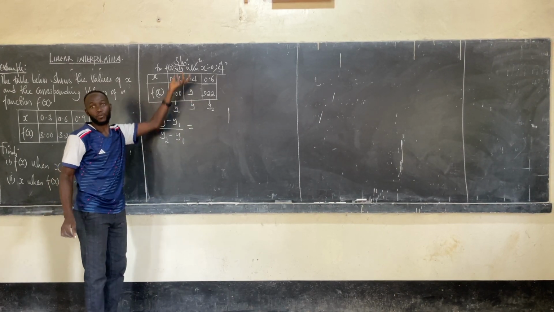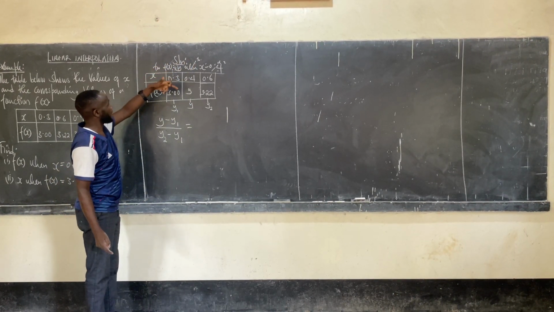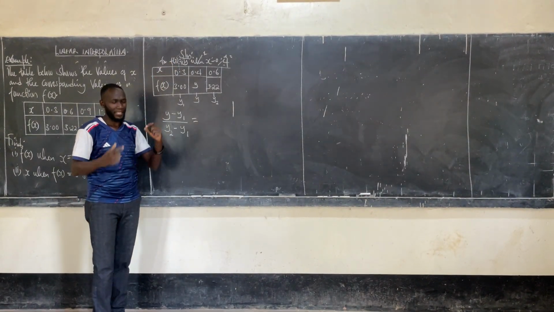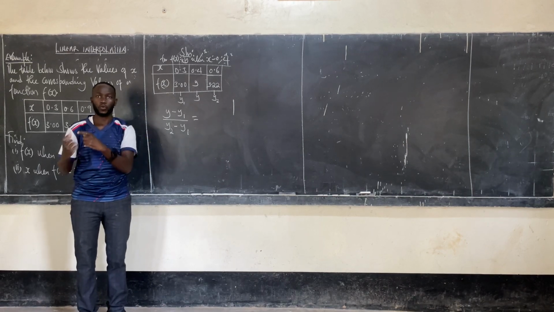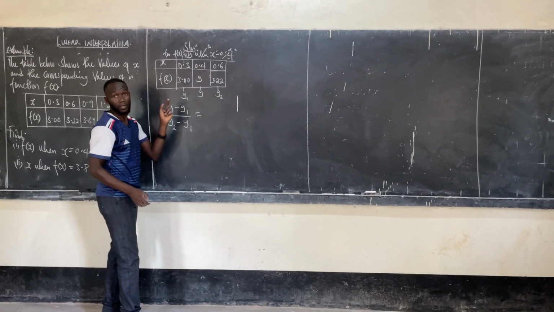What you do here is what you do here. There are two ways. You may opt to say y and x, then x and y, but that one will mean that you are joining two unknowns on one side. So keep y on one side and x on one side by using the gradient.